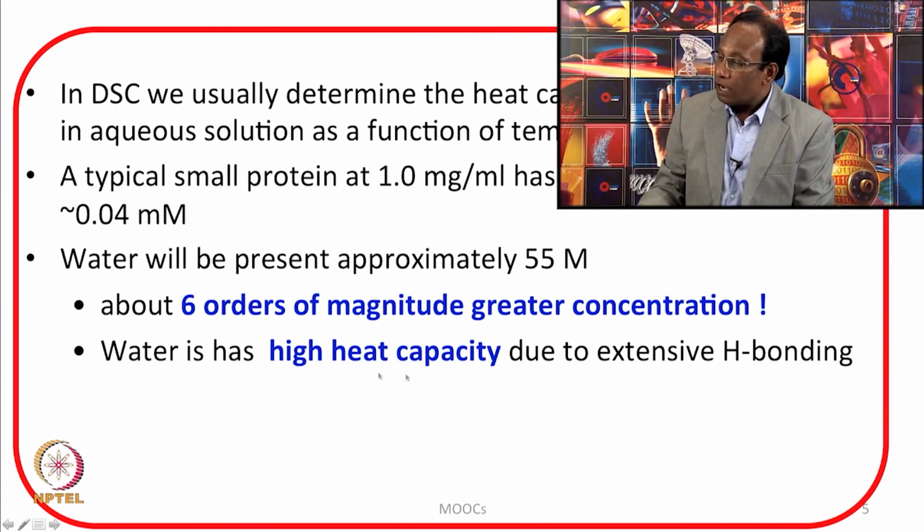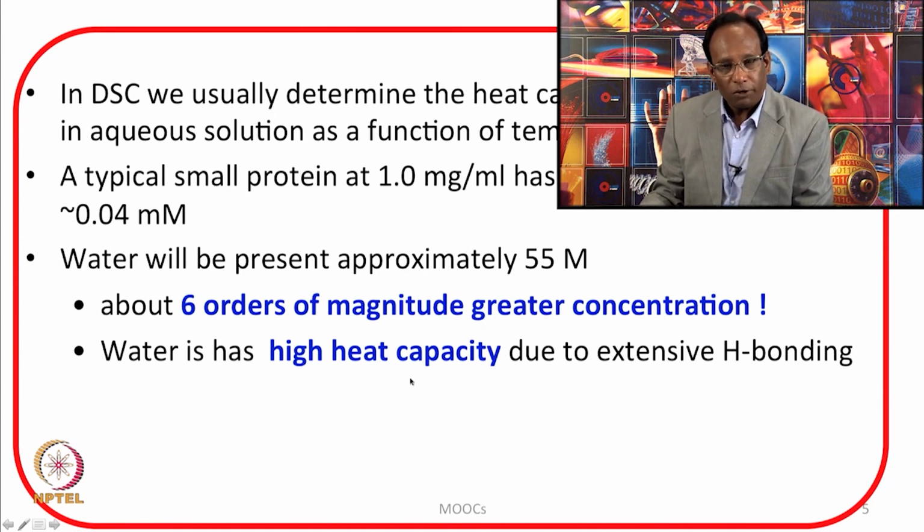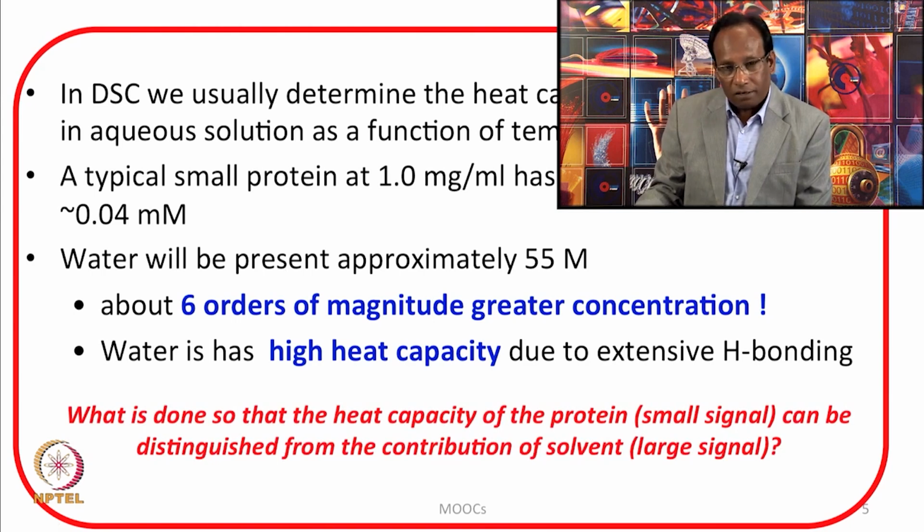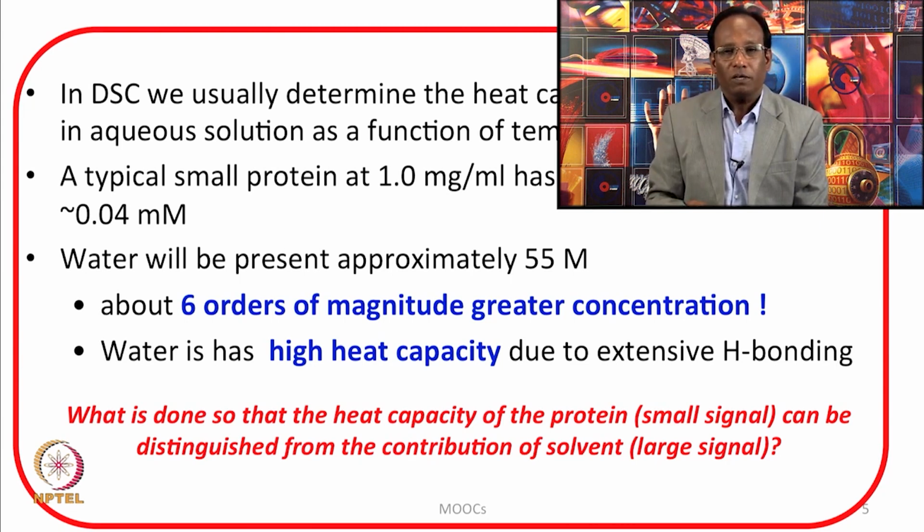And also water has high heat capacity because of extensive hydrogen bonding. So, the question is, what is done so that the heat capacity of protein, which is actually a small signal, can be distinguished from the contribution of solvent, which is a large signal? Let us discuss that.